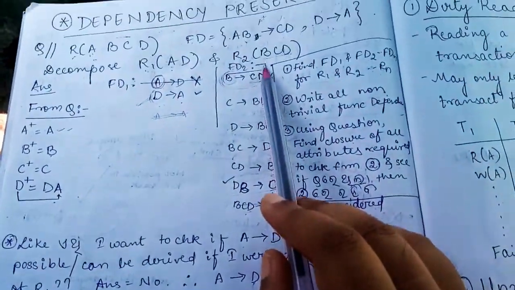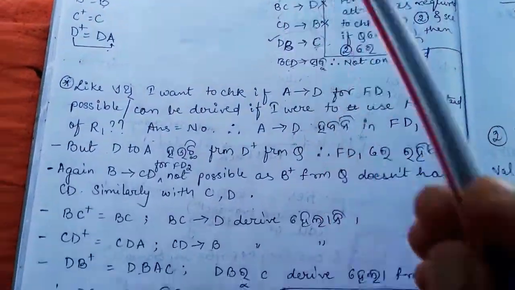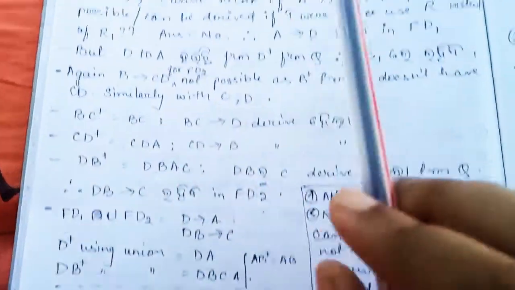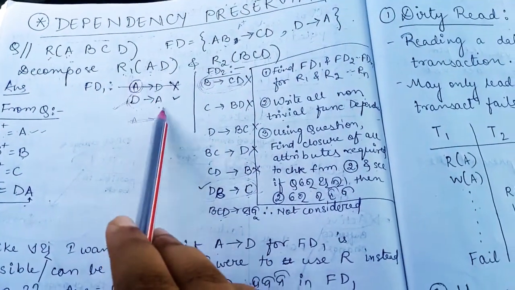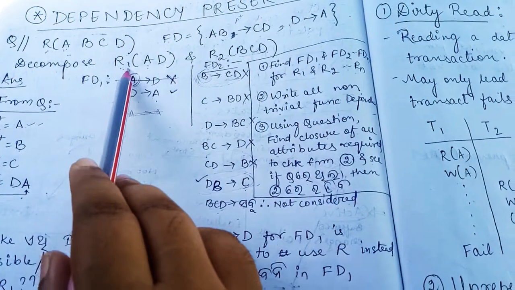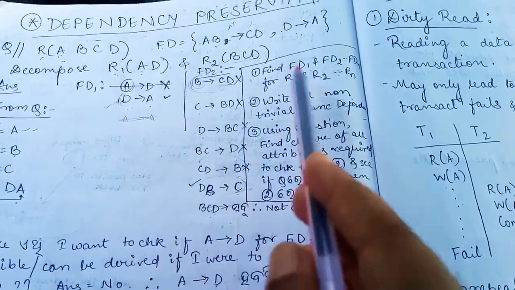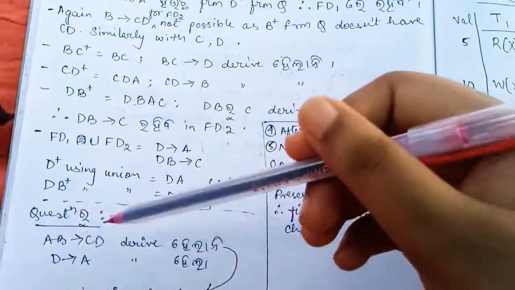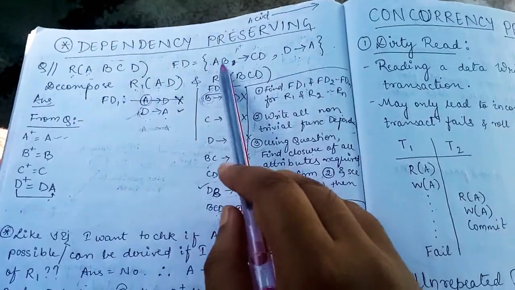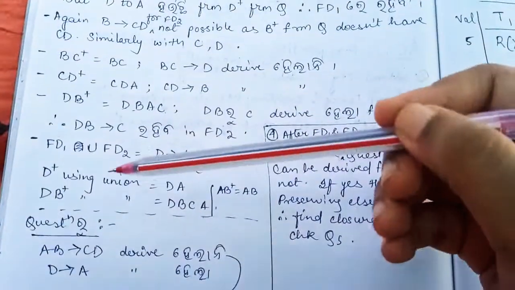Here we were checking whether the dependencies present in R1 or R2 are present in the question. Here we will check whether whatever is present in the question is present in the union.